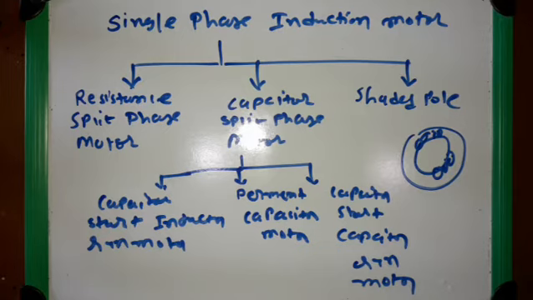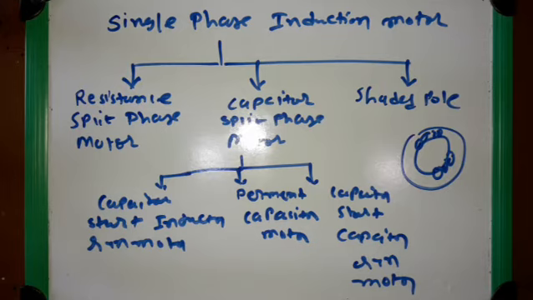So the phase difference between Is and Im, our starting winding current and main winding current, is about 80 to 90 degrees. So the motor acts like a two-phase motor, a rotating magnetic field is produced and the motor will run. Now it reaches 70-80% of the rated speed.